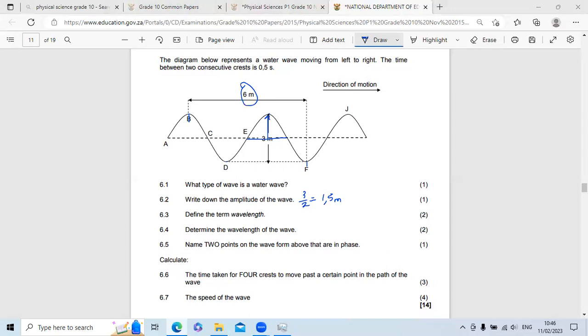Excuse me, did you ask me a question? Yeah, I said, can you answer 6.3 in like 3 minutes? Didn't I already answer the wavelength? I said it's the distance of one complete wave.